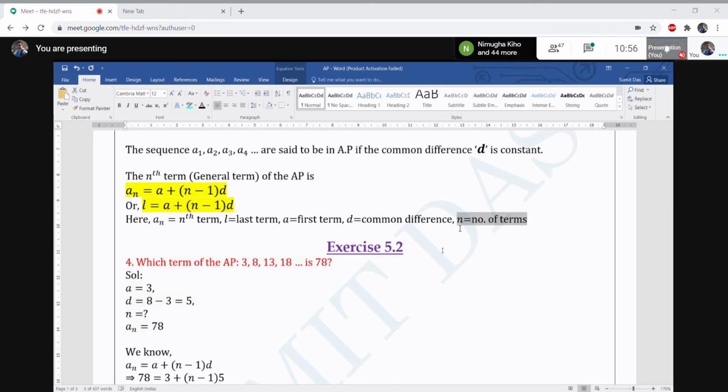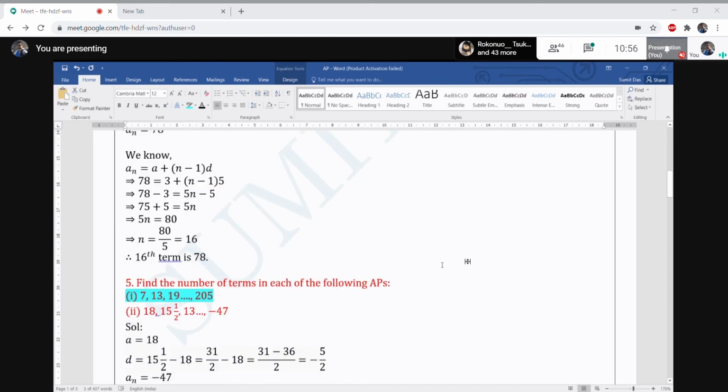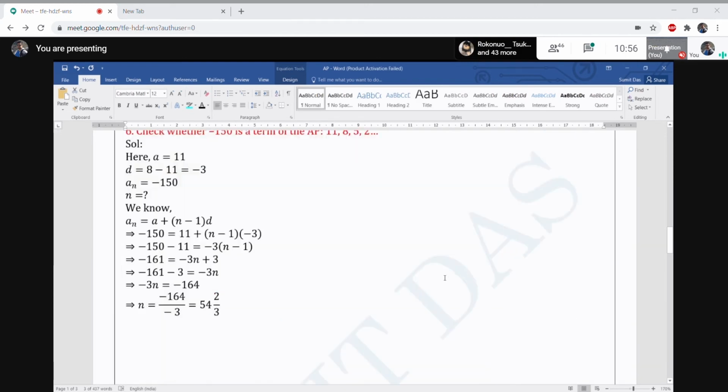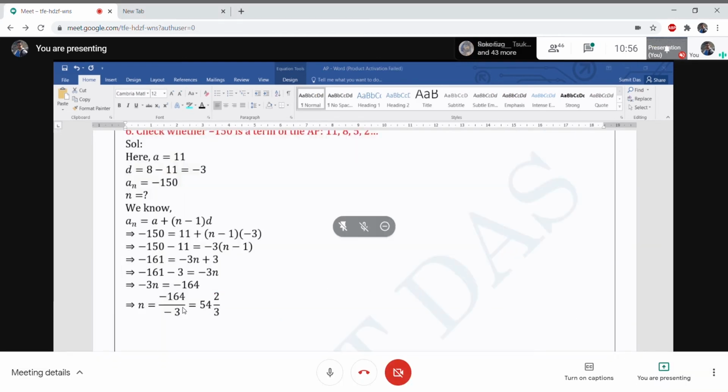We can't say there were 5.6 terms, just like we can't say there were 5.6 students, or 2 by 3 students, or minus 10 students. So n cannot be negative, cannot be a fraction. What can we conclude from here? We get n equal to 54 2 by 3, which is a fraction.